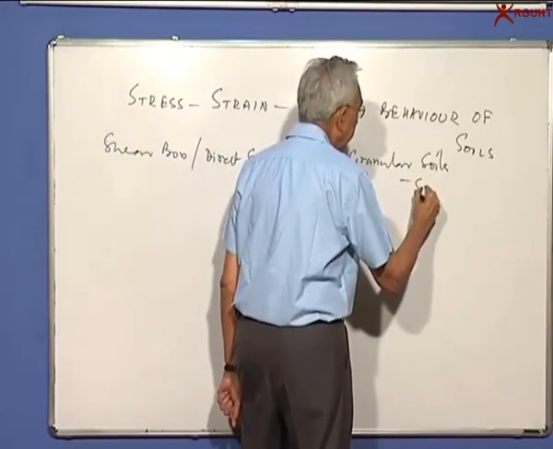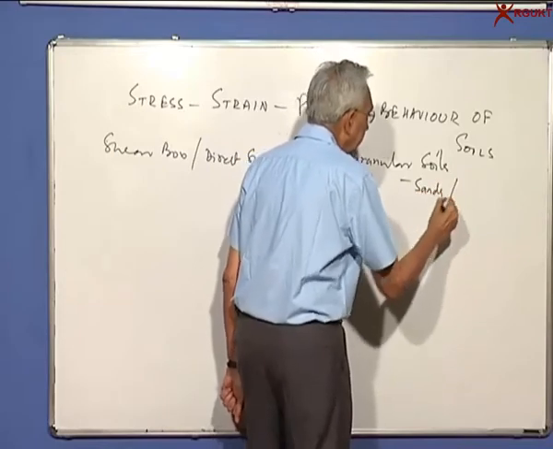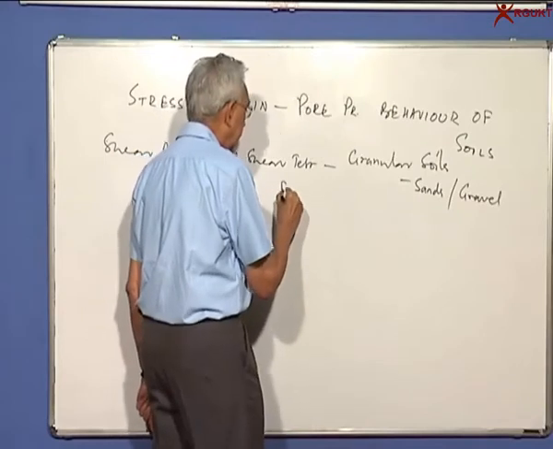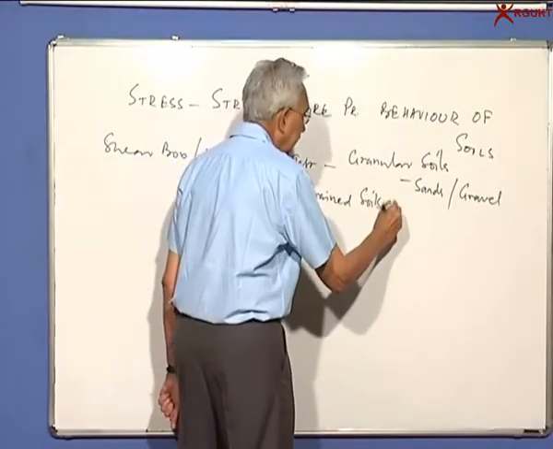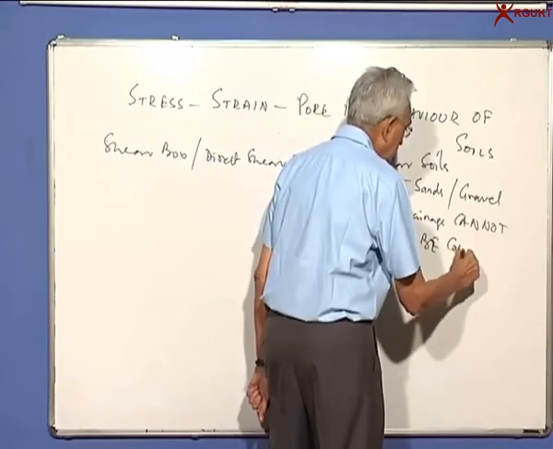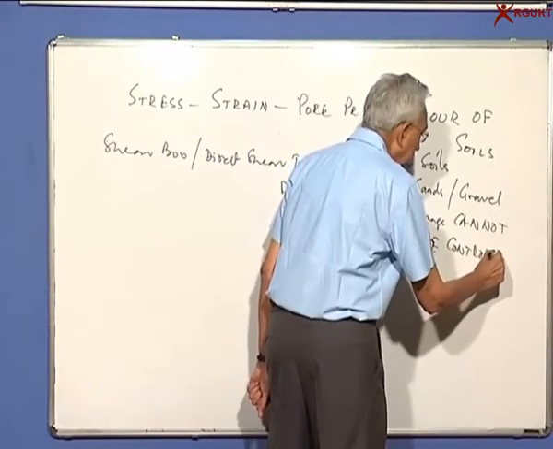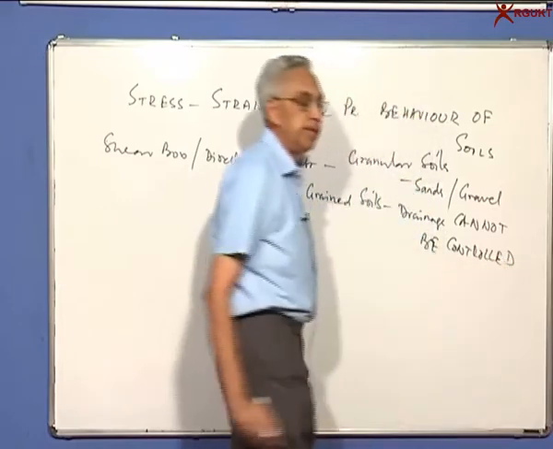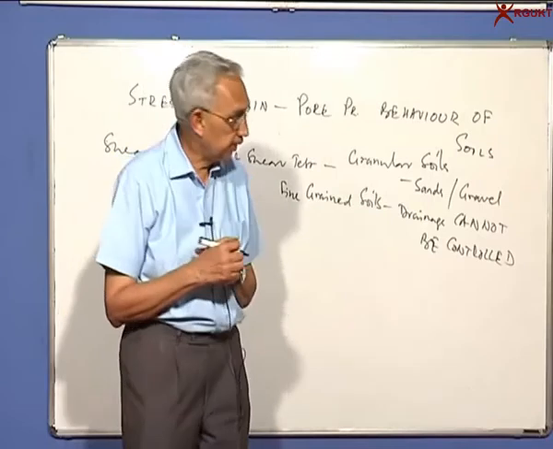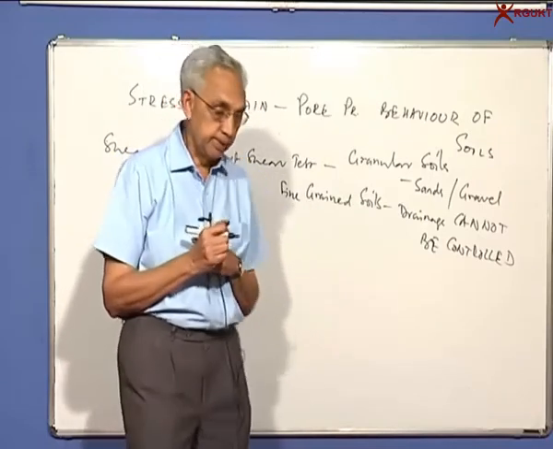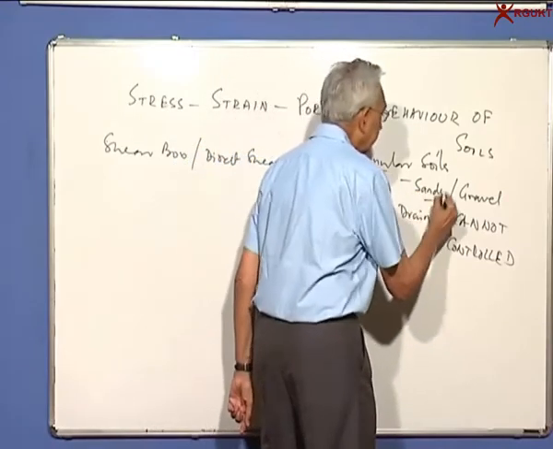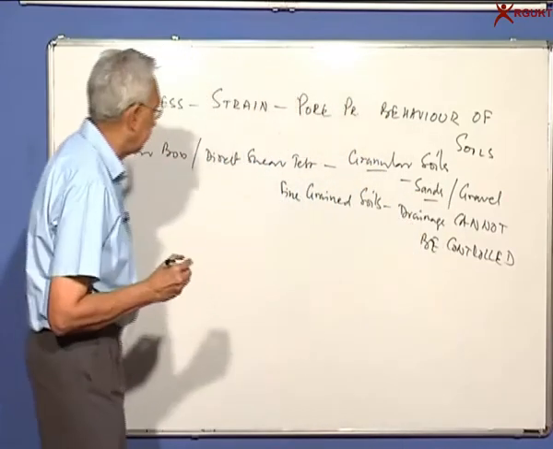That means we are looking at sands and gravel. We also do it with fine-grained soil, but unfortunately drainage cannot be controlled. So there is no way of knowing whether we are determining the effective stresses or the total stresses. So generally we prefer to test only sands or coarse grained material.